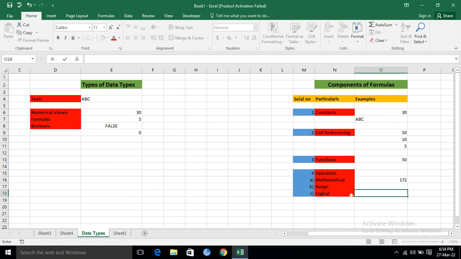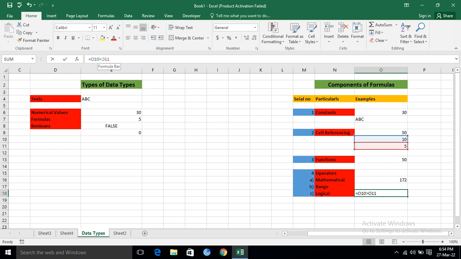One more thing, in the logical operator the answer will come in a true or false manner. Suppose if I select these cells, and then I do this greater than this, see, the answer is coming to true.